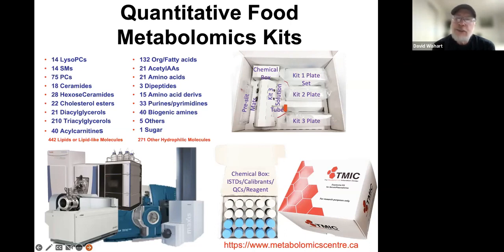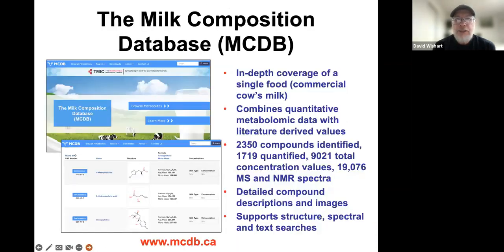These kits are always changing and evolving as we get more information and as more needs are requested and met by our development team. But these consist of plates and solutions and standards that are all put into a box and then fired into a mass spectrometer.